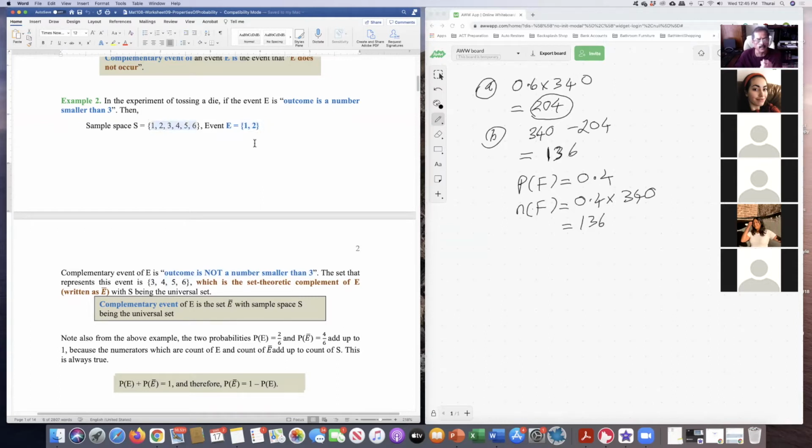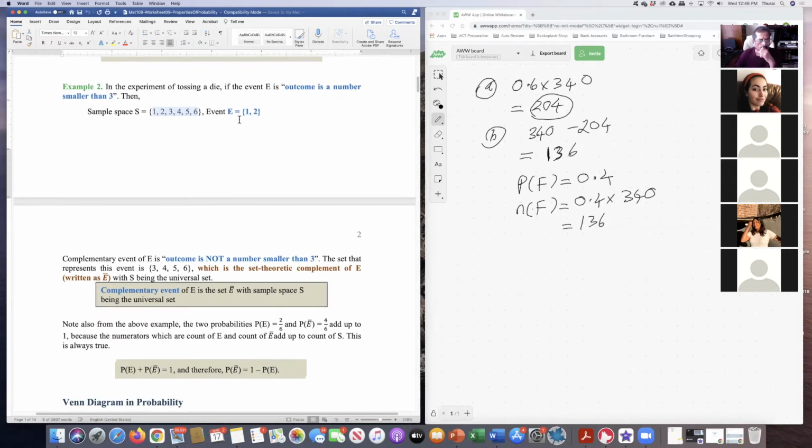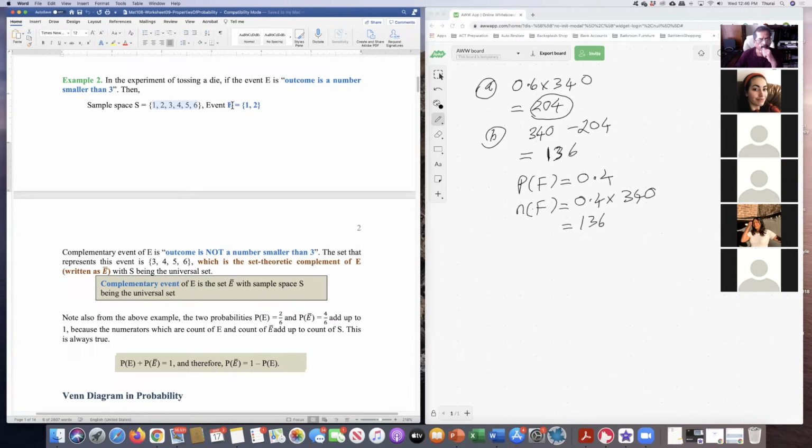So 1 and 2 are the elements in E, so the complement will be 3, 4, 5, 6. If E is not going to happen, that's the same as saying the outcome should be 3, 4, 5, 6, which are the complementary elements. In other words, the complement of E. Basically, to find the complementary event, you can find the complement of E with sample space being the universal set. So that's what you need to do.